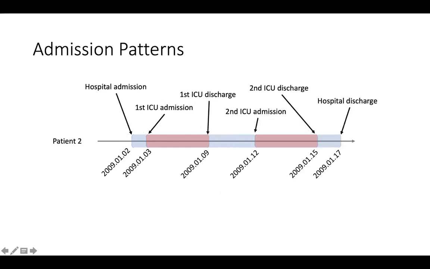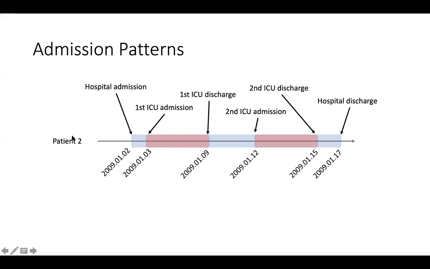This could be a more severe case. The patient goes to the hospital, stays in the ward for 1 day, goes to the first ICU admission, stays there for 6 days, and the doctor thinks the patient is stabilized, so he is discharged from the ICU and goes back to the ward. So 병동으로 다시 가고, and then stays there for 3 days.